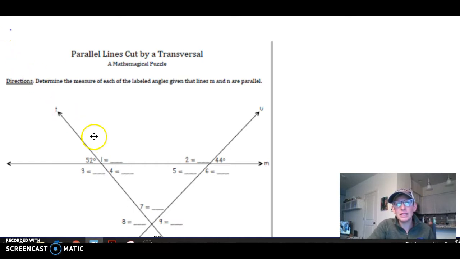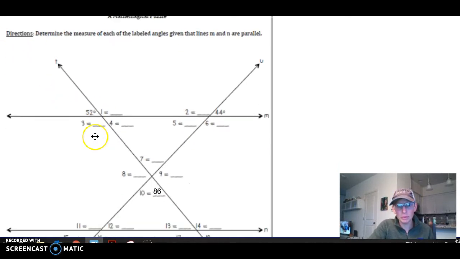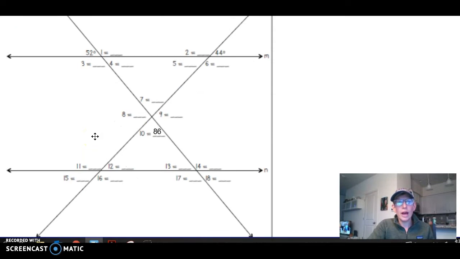Basically, and it's pretty cool actually, we have two parallel lines, M, this one, and N, this one, and those are cut by two transversals, this one here and this one here.